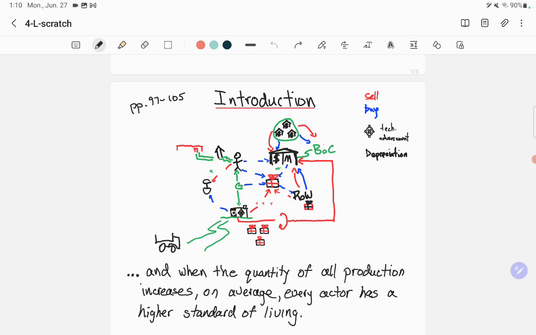That's for the whole economy. And instead of having just a coconut market or a banana market, we look at all of the markets in the country and we take all of the value of those markets together, the value of all the goods and services. If that goes up, in general, the theory is everyone has a higher standard of living.